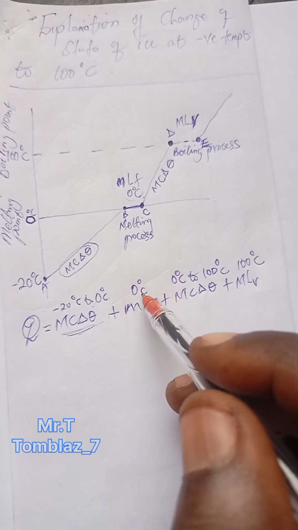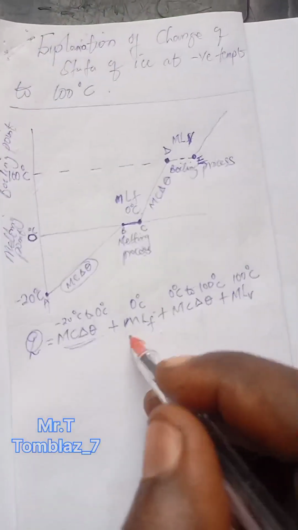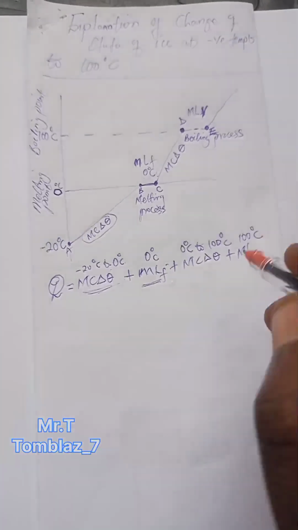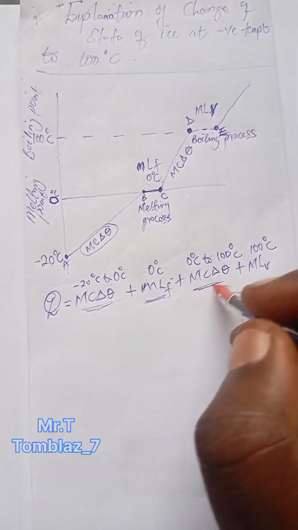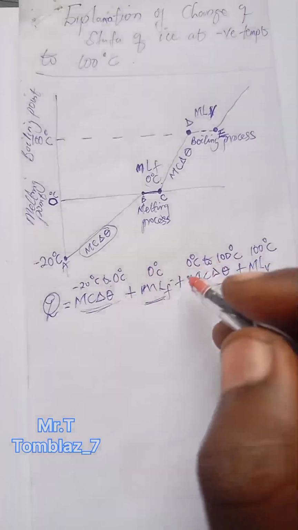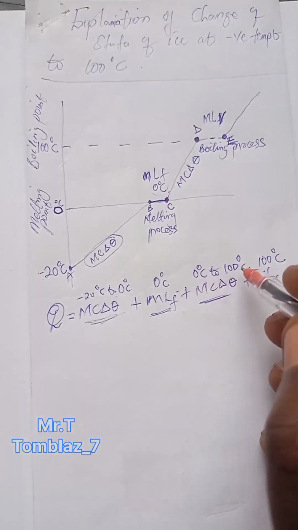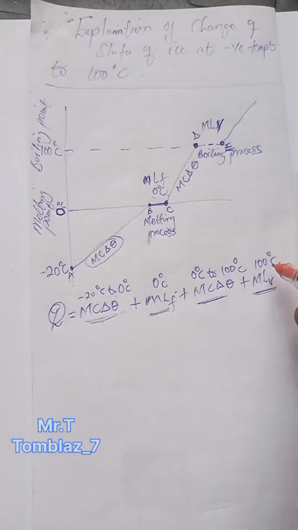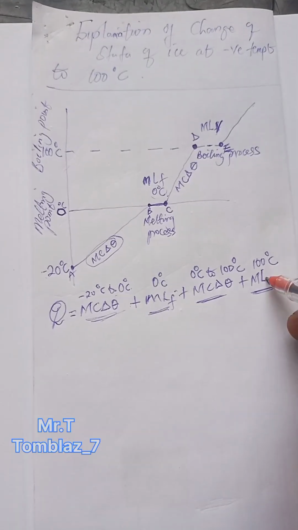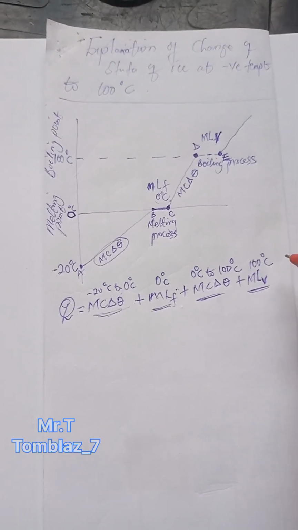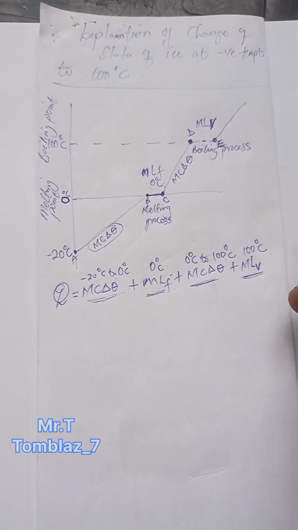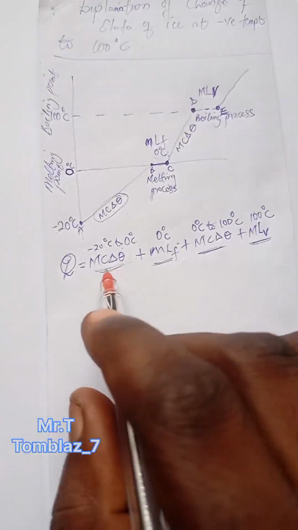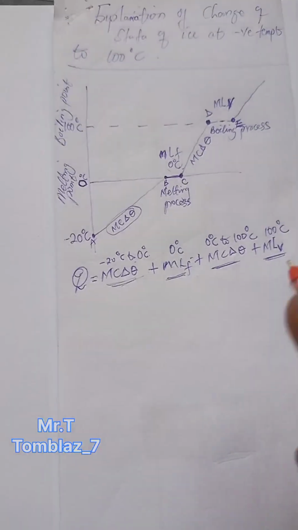Then at 0 degrees centigrade, we had specific latent heat of fusion. Then we still have another specific heat capacity that will change the temperature from 0 degrees centigrade to 100 degrees centigrade. And at the boiling point, you have this, which is specific latent heat of what? Vaporization.